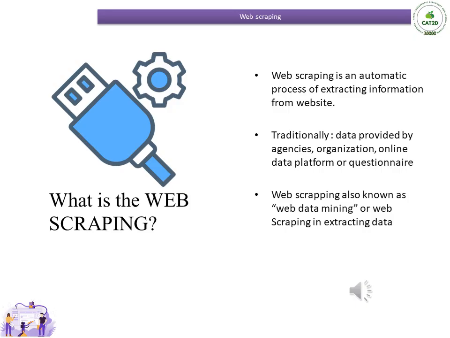It involves sending HTTP requests to a target website, parsing the HTML content, extracting the desired data, transforming it into a structured format like CSV or JSON, and storing it for further analysis. These techniques allow for the swift collection of large volumes of data which can be utilized for research, analysis, and decision making.